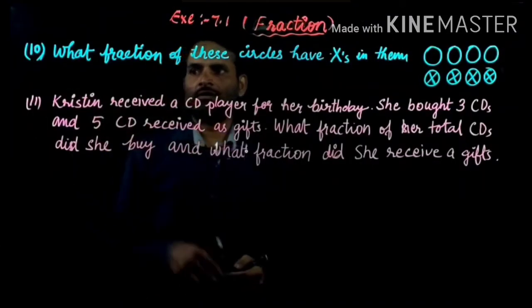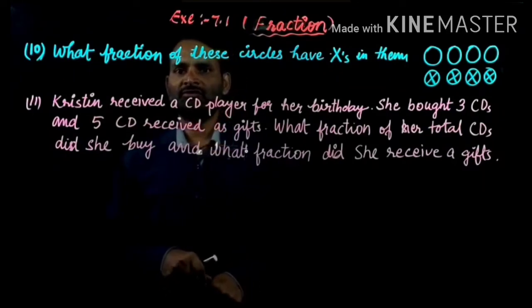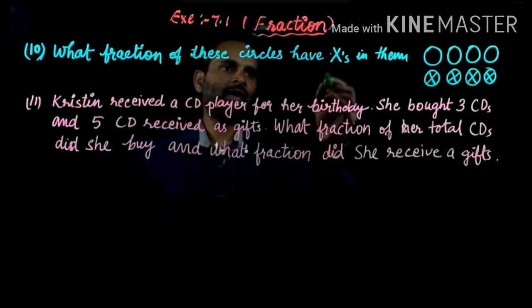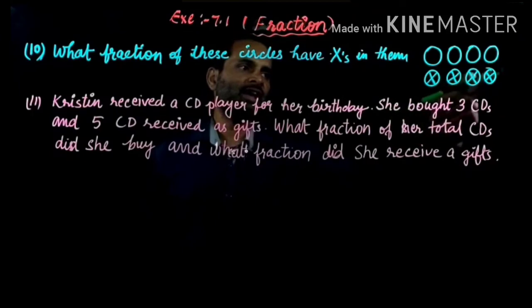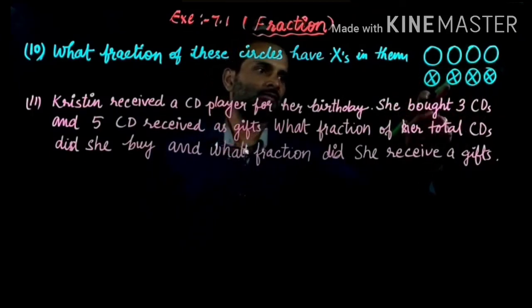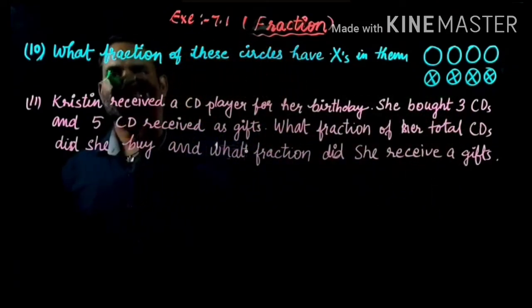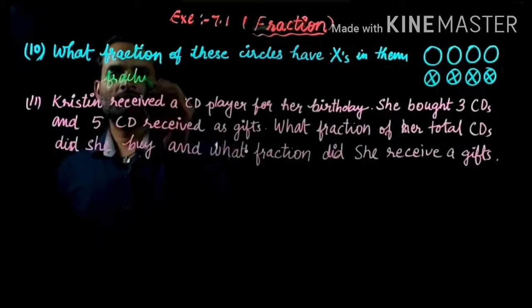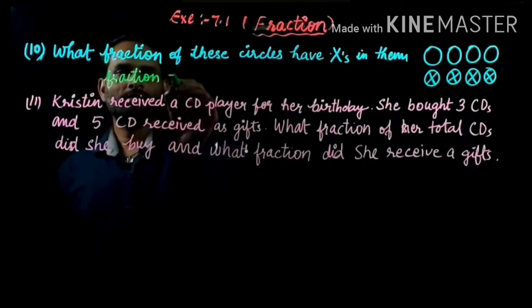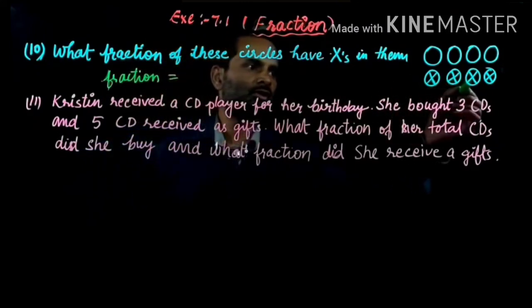Now the next question is question number 10. What fraction of these circles have x in them? There are 8 circles given and 4 of them are filled with x. So the fraction: how many x's? 1, 2, 3, 4.